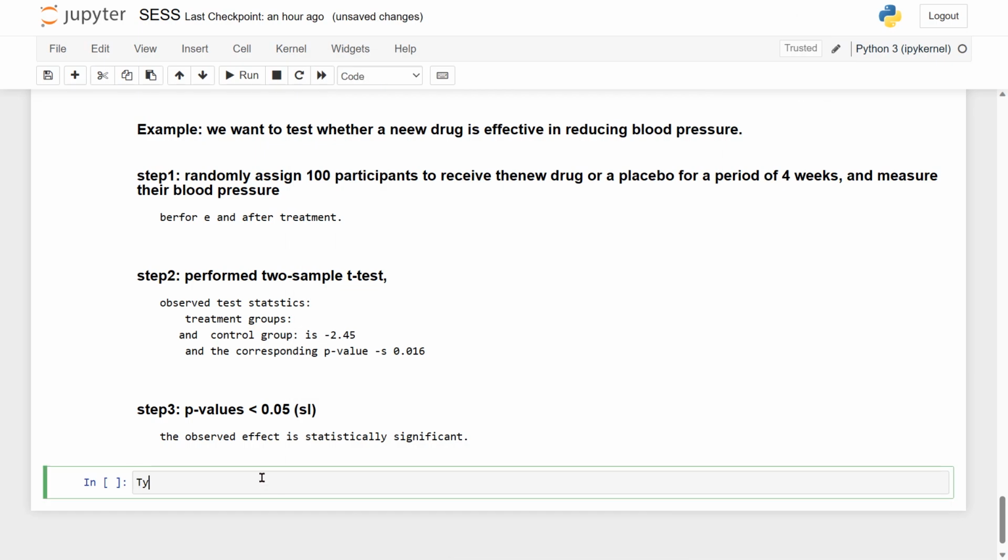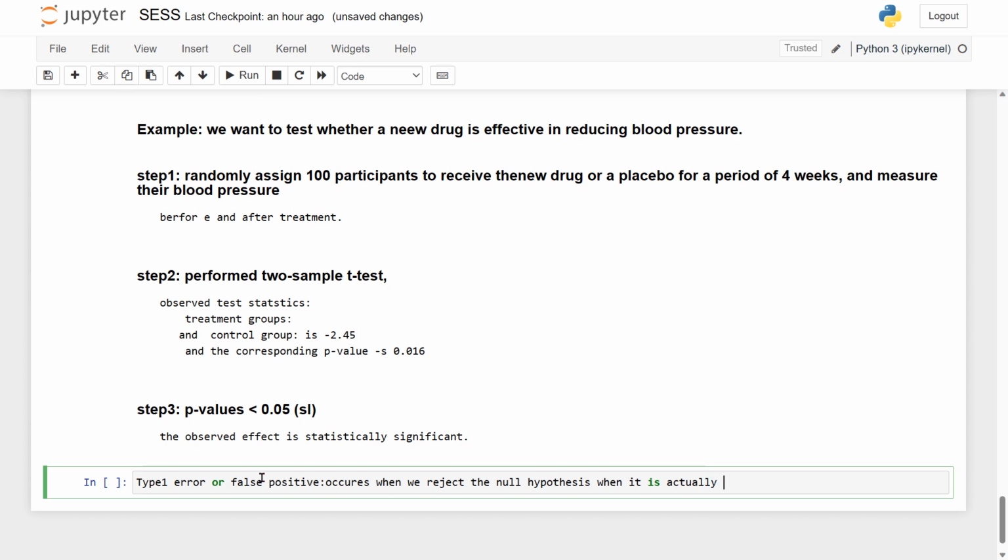So type 1 error is also known as false positive. Type 1 error or false positive occurs when we reject the null hypothesis when it is actually true.